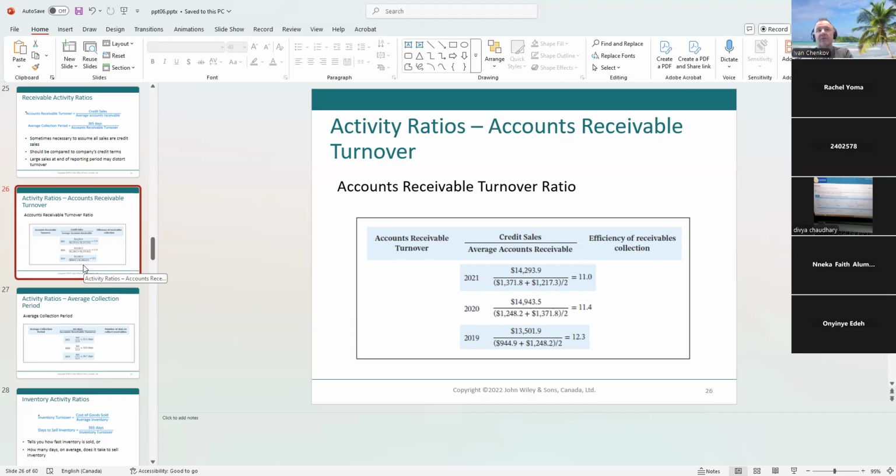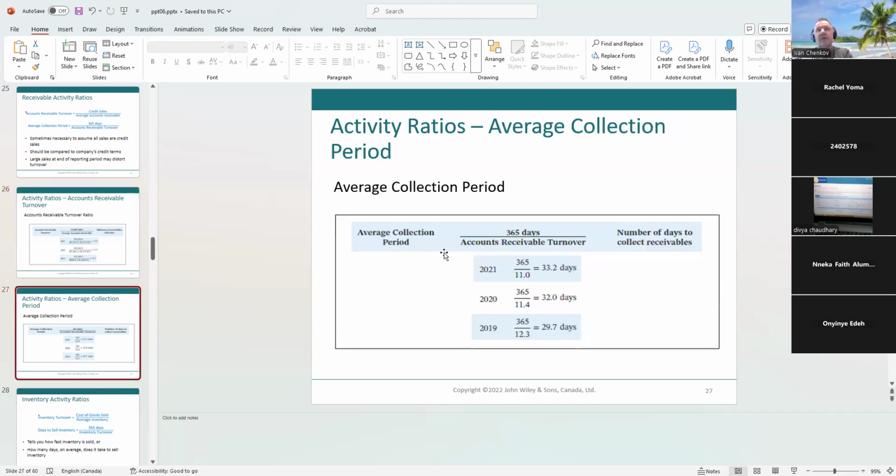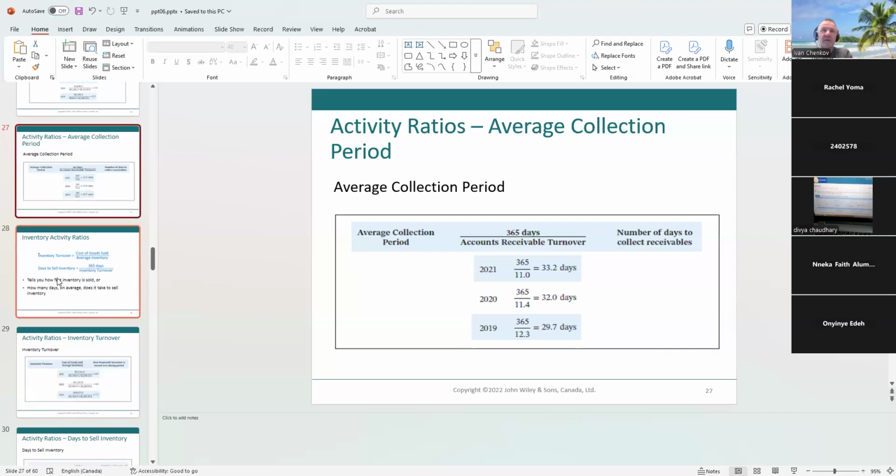Simple average, nothing scary. For the average collection period, the numerator is always going to be 365. Every four years that changes to 366, but that's based on the nature of the year.